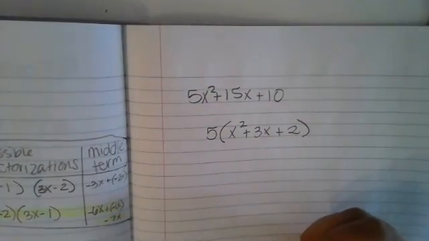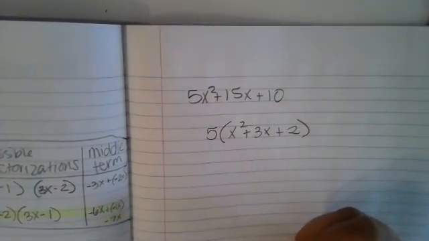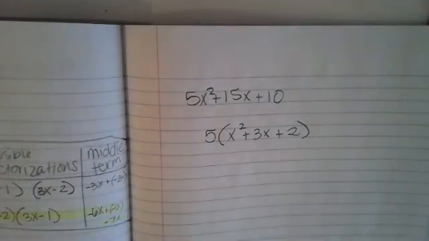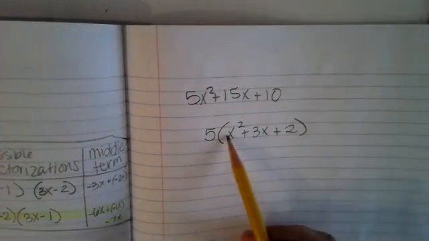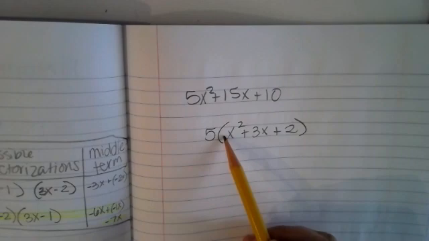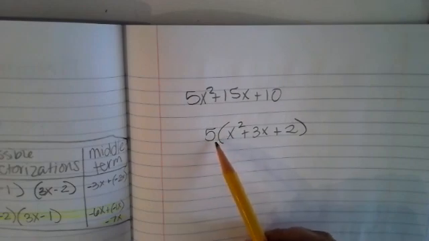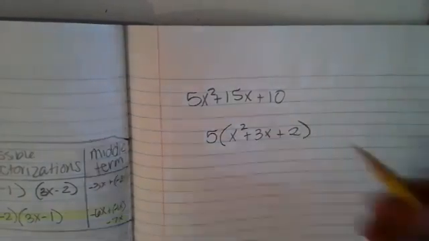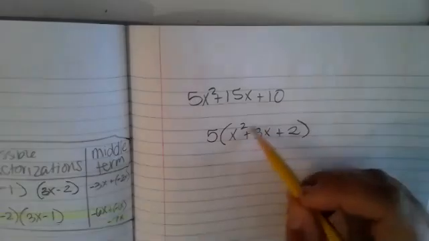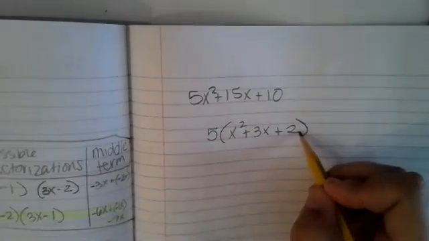Now, when I factored out that GCF of 5, I now have a as 1, right? My x squared no longer has a coefficient larger than 1. So that means we can go back to basically what adds to be this and multiplies to be this.